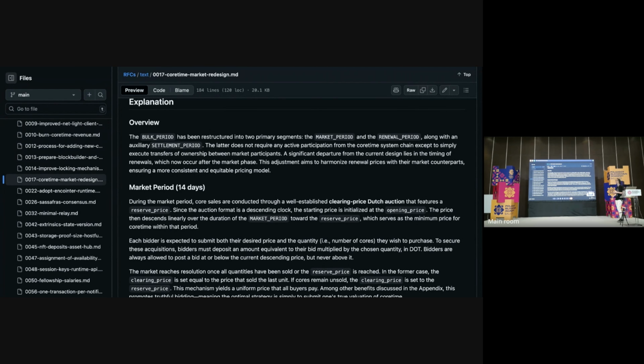So this redesigned model essentially ties the renewal prices not just to the price you bought it at and nothing else. It ties the renewal prices to the market prices. So if there is a very, very high demand, your renewal price will slightly go up. It is still bounded with some limits of how much it can go up, but it will react to the market pressures.